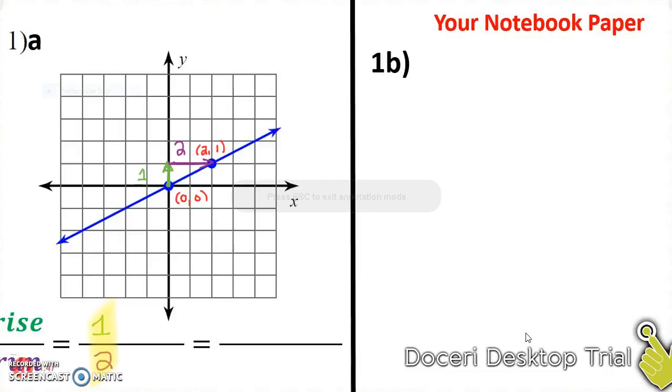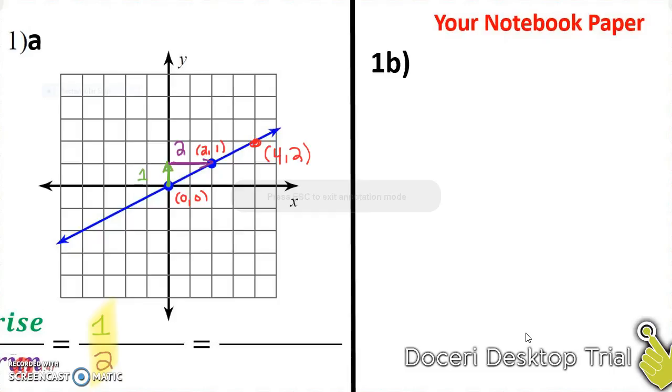Now, like I said, the ratio of rise over run is the same between any 2 points when you have a linear relationship. So I could have chosen another 2 points on this line, and I'm going to do it for you just to make a point. So right here I have ordered pair 4, 2. I could have used 4, 2 and 2, 1, and I could have started at 4, 2.